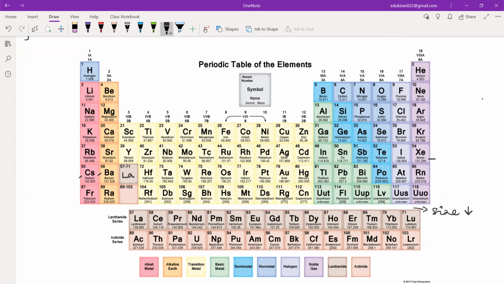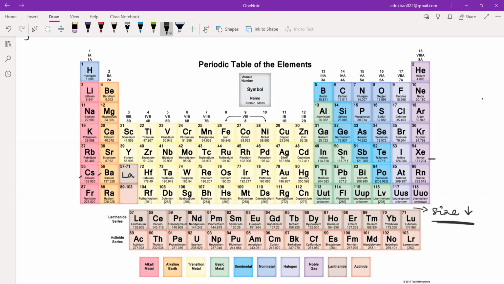From xenon to cesium, barium, the size is fine. Then after lanthanum, the size starts to decrease, and it decreases drastically due to the lanthanide contraction, because the electron enters the F subshell. The F subshell cannot screen, so the valence electrons are attracted towards the nucleus most effectively.